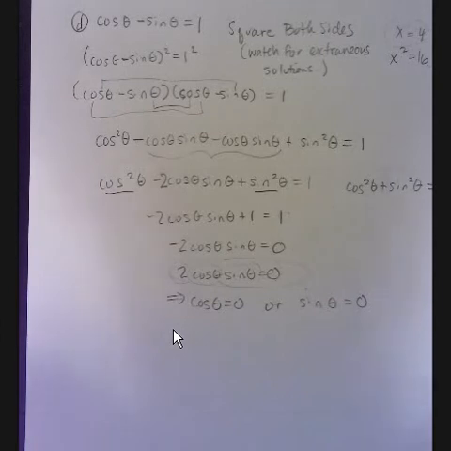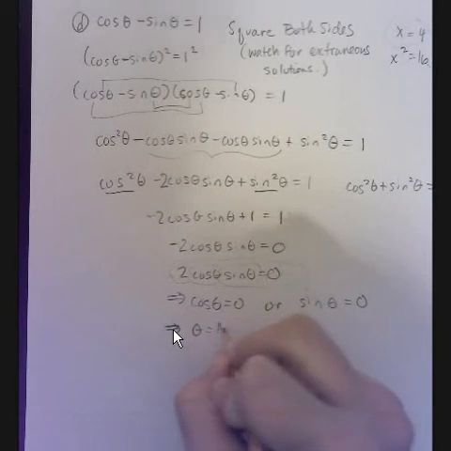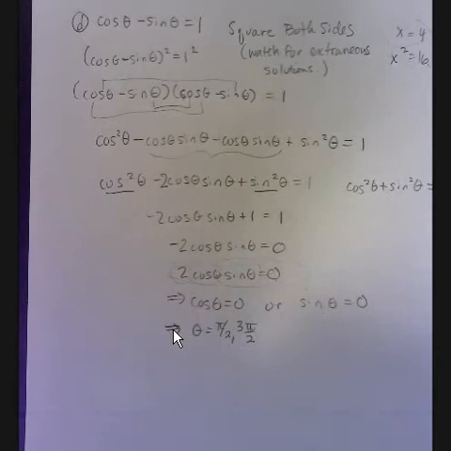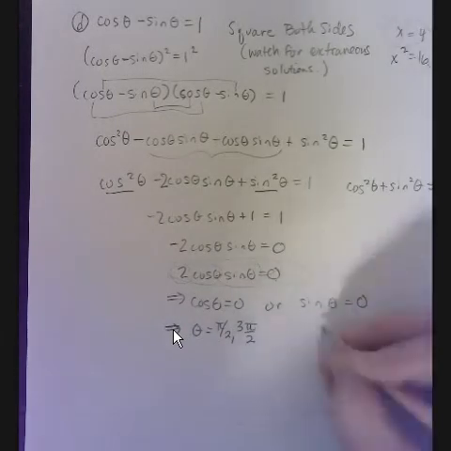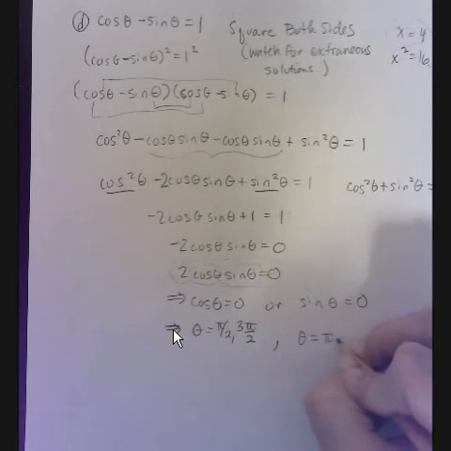All right, so now again, just on 0 to 2 pi, where is the cosine theta equal to 0? That would be when theta is pi over 2 or 3 pi over 2. And then sine theta equals 0 when theta equals 0 or pi.